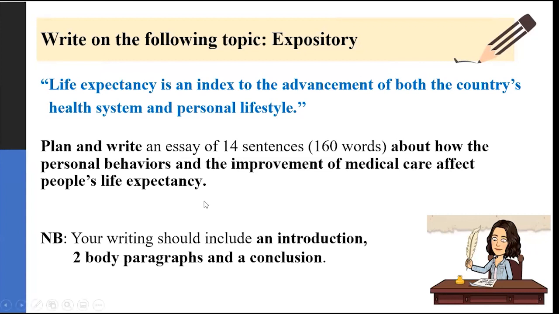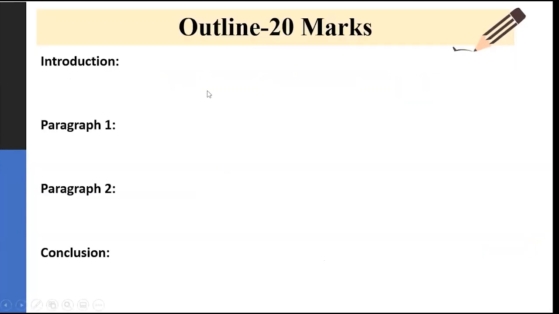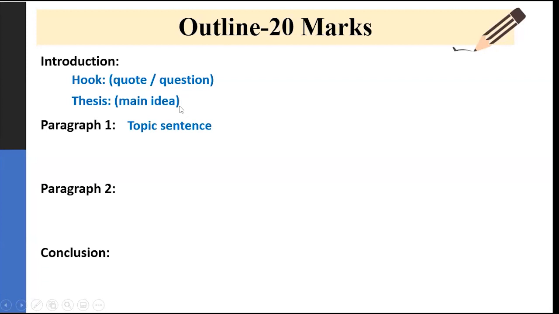What you will do, you'll write the same outline, okay, that includes a hook, a quote or a question, your thesis, your paragraph with your topic sentence and ideas. There must be two ideas. And you will do the same thing with paragraph 2.